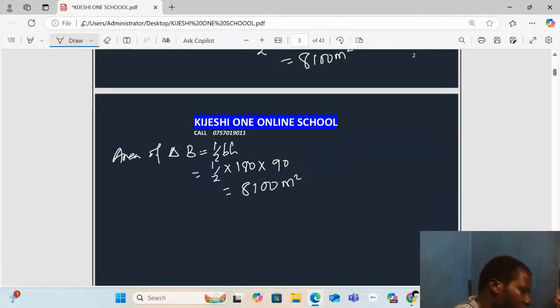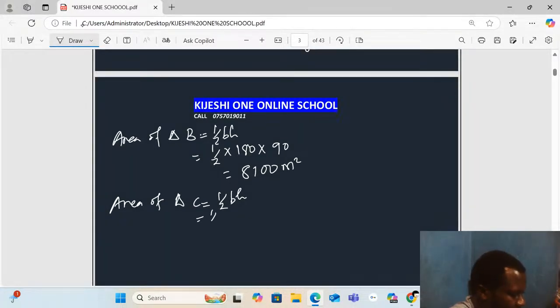Then we move to the area of triangle C. Still we have a half base times height. There we have a half of the base, which is now 120, times the height, which is 60.